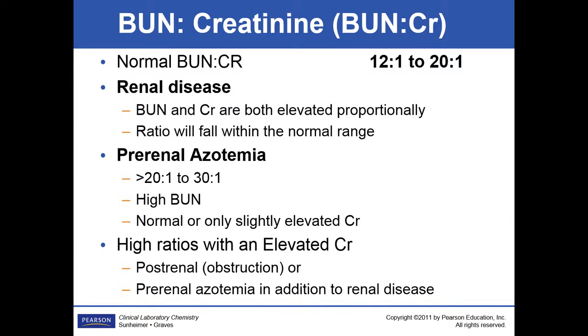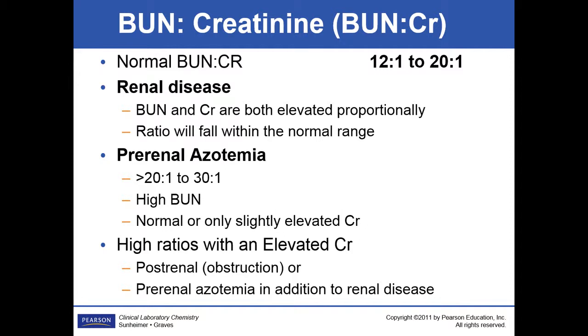Often, urologists will take a ratio of the BUN value to the creatinine value. Normal BUN creatinine ratio is 12 to 20 to 1. So we're expecting 12 to 20 parts BUN to 1 part creatinine. In renal disease, you will see that they're both elevated.